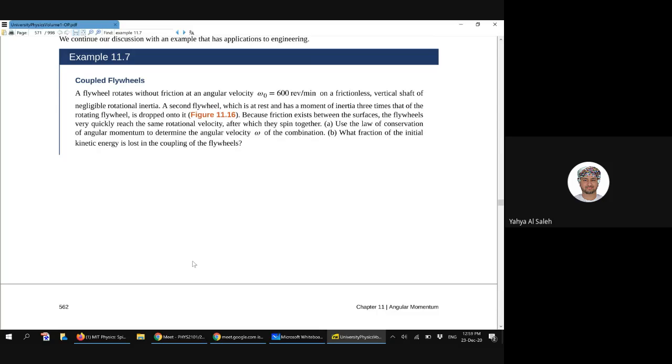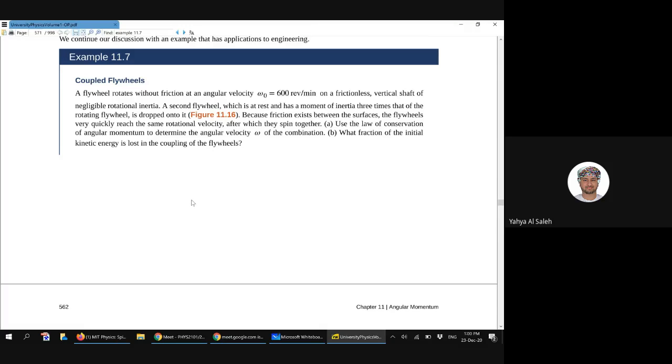So we use the law of conservation of angular momentum to determine the angular velocity omega of the combination. And then we want to know what fraction of the initial kinetic energy was lost when the two flywheels came together with friction and reached the same speed.